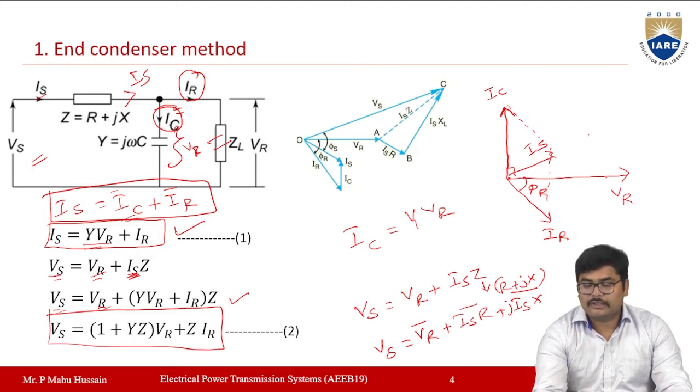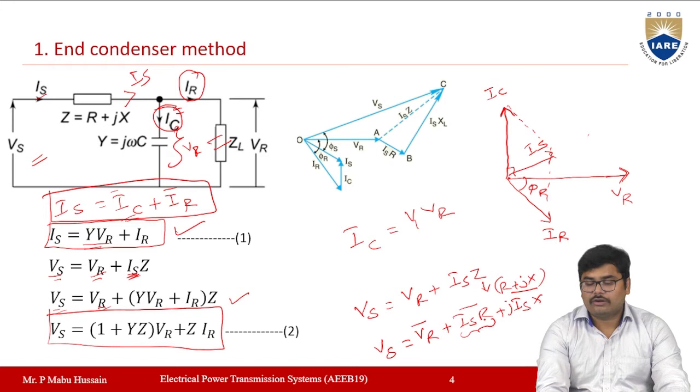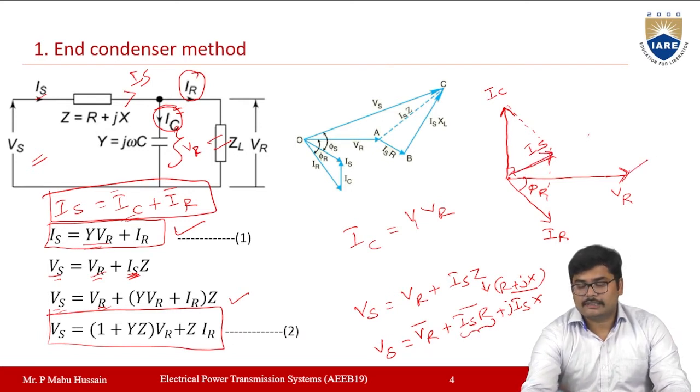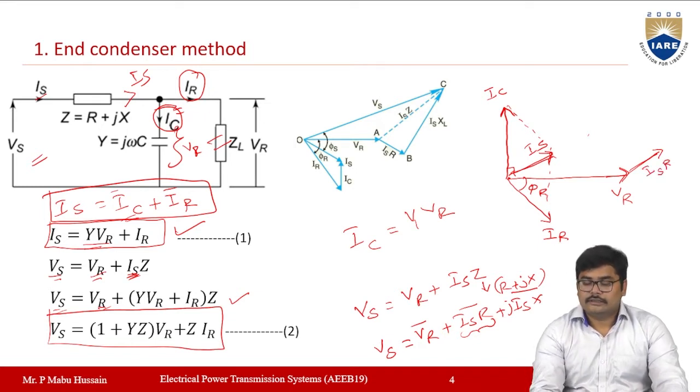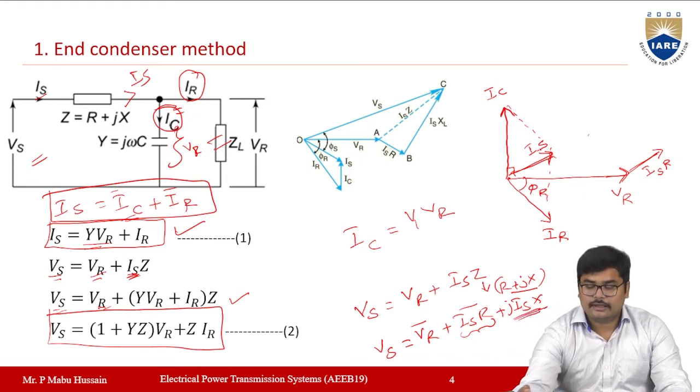Now this is the VR vector. To this VR vector, you add IS into R. This voltage drop across the resistance will be in parallel to the current vector, so it will be like this. Then IS into X will be perpendicular to this current, so it will be in this direction.